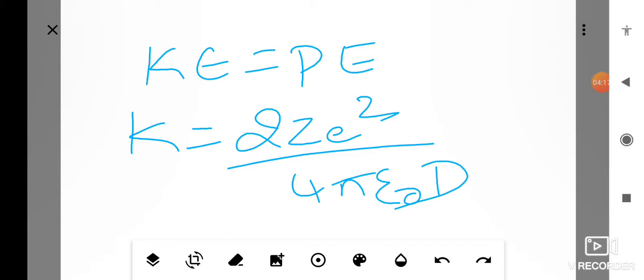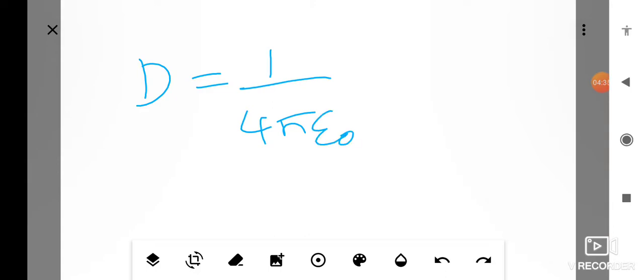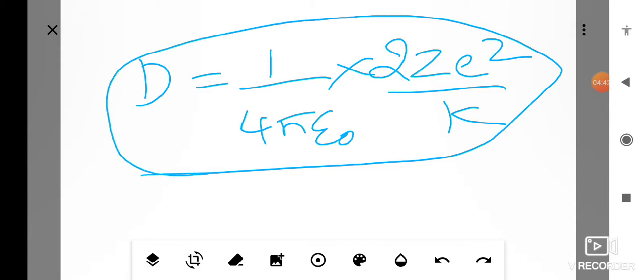Here the distance of closest approach can be written as d equals 1 by 4 pi epsilon naught into 2 Ze square by K. So this is the formula for the distance of closest approach of the nucleus.